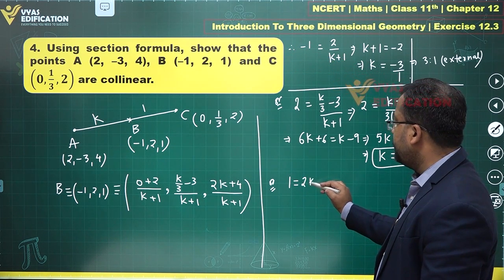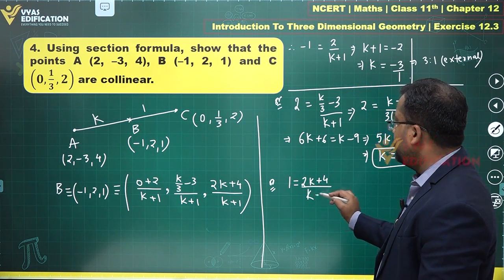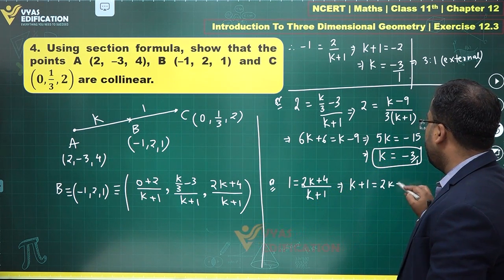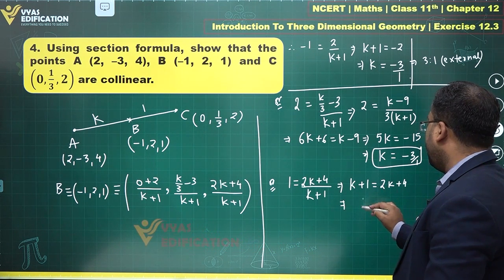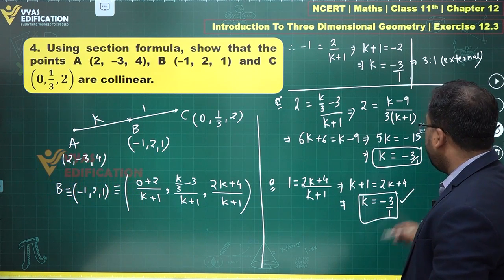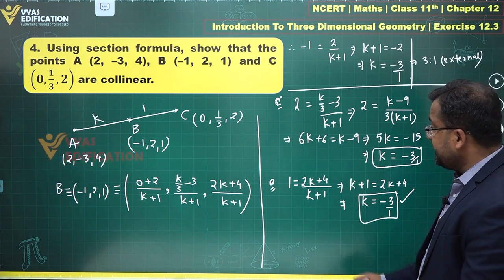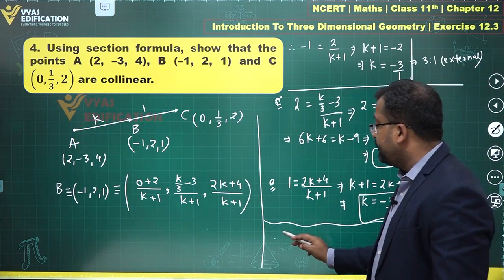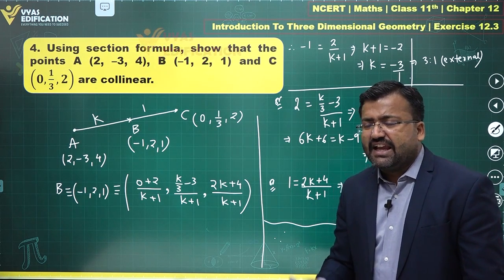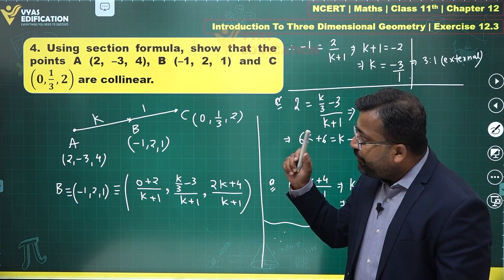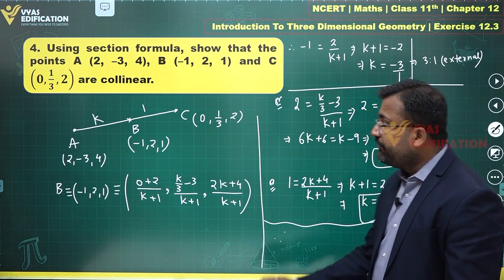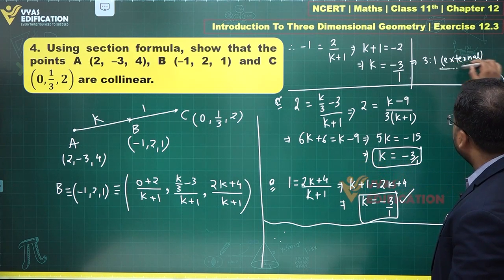1 is equal to (2K plus 4) upon K plus 1. That tells me K plus 1 is equal to 2K plus 4, or bringing K over there, K is equal to 1 minus 4, which is minus 3. Since the value of K is same for X, Y and Z, you can clearly say that point B divides line segment AC in the ratio 3:1 externally.